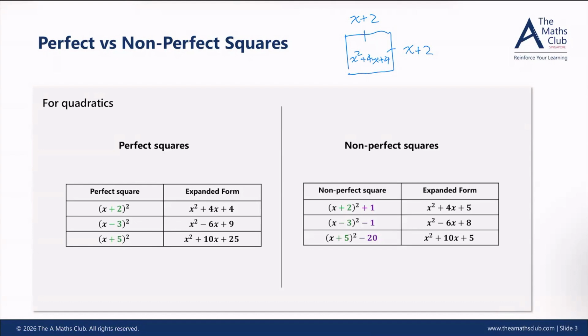So the goal of completing the square is to switch from the expanded form ax squared plus bx plus c to a perfect square form plus an adjusted value.